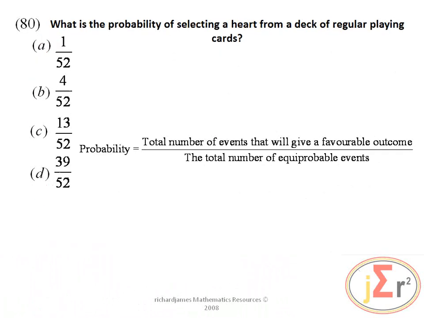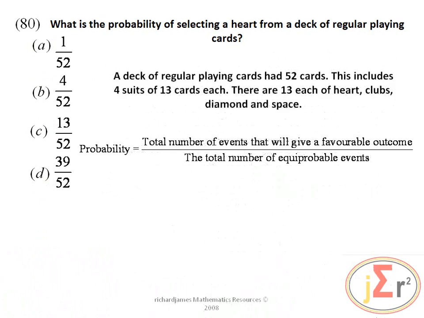What is the probability of selecting a heart from a deck of regular playing cards? A deck of regular playing cards has 52 cards. Now, each of the 52 cards has an equal probability of occurring. Therefore, the total number of equiprobable events will be 52.